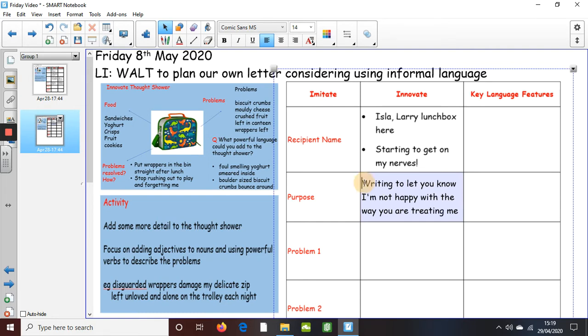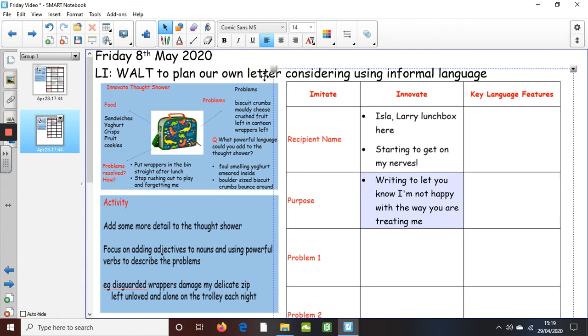Okay, and that's what the lunchbox might say to Isla, who's the owner of the lunchbox. Okay, and so you can see how we've kept the same structure, but we've just innovated and changed what the crayon might say and what the lunchbox might say, but they're both complaining about being treated badly.